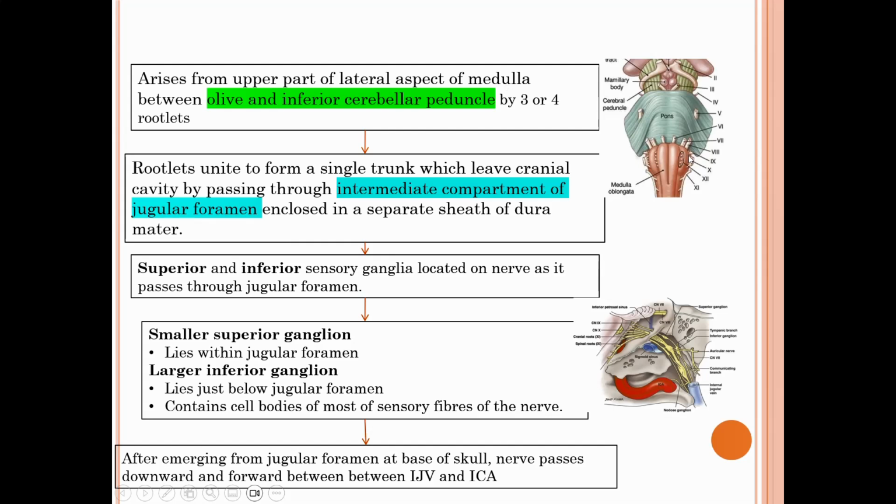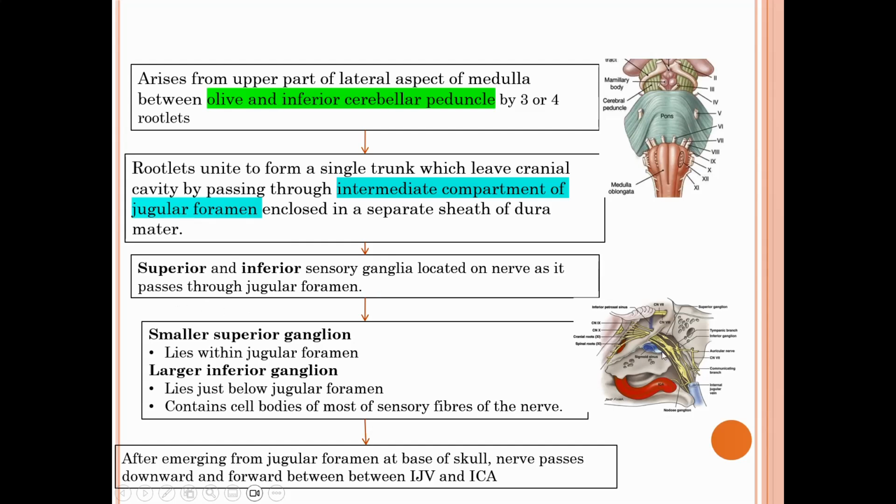Here this one is the ninth cranial nerve, between the olive and inferior cerebellar peduncle by 3 to 4 rootlets. These rootlets unite to form a single trunk which leaves the cranial cavity by passing through the intermediate compartment of the jugular foramen, enclosed in a separate sheath of dura mater. There are superior and inferior sensory ganglia located on the nerve as it passes through the jugular foramen.